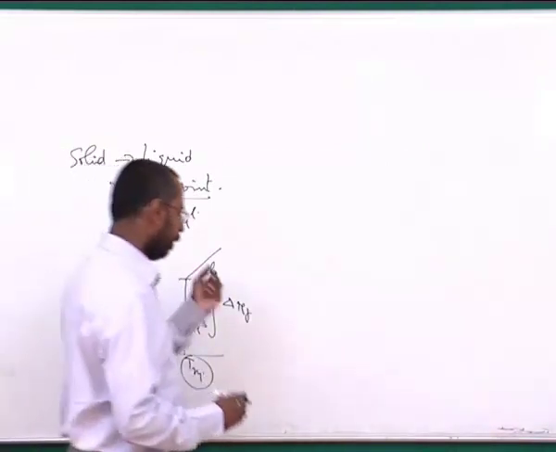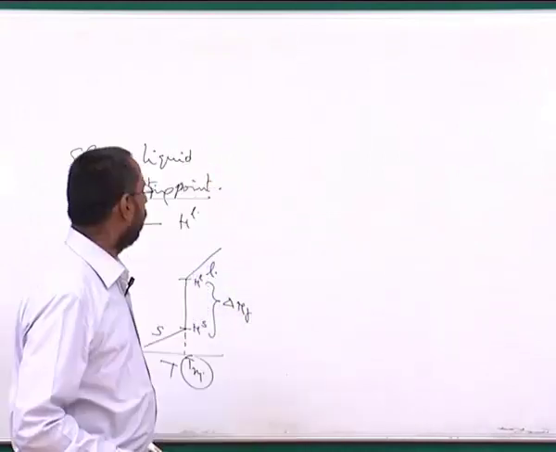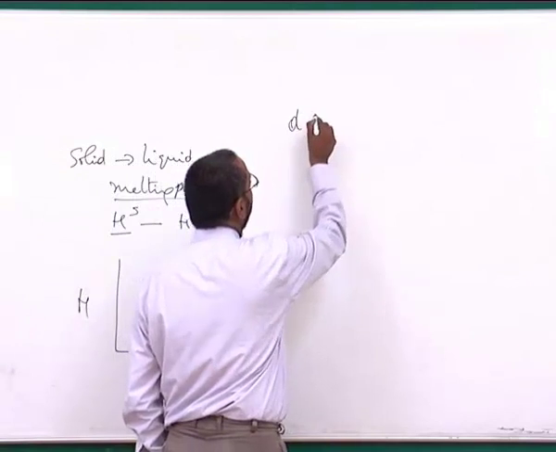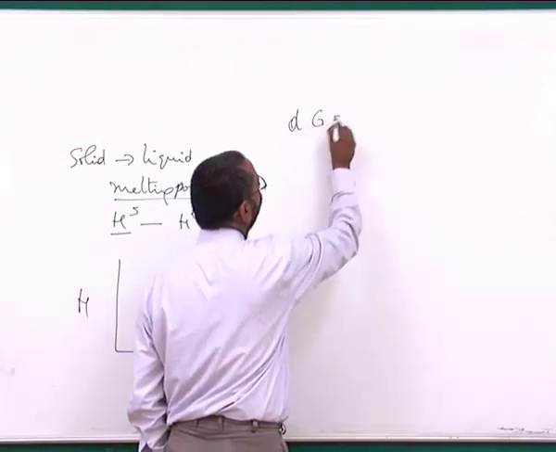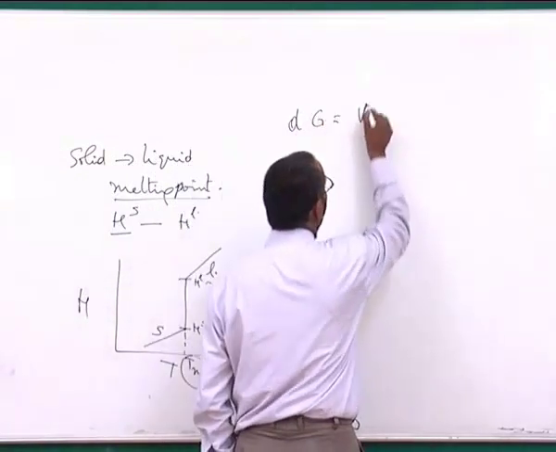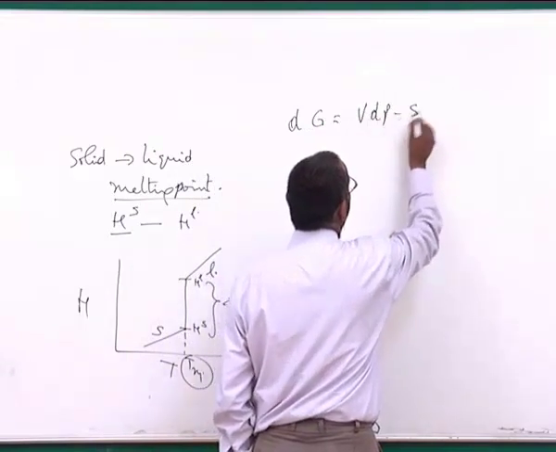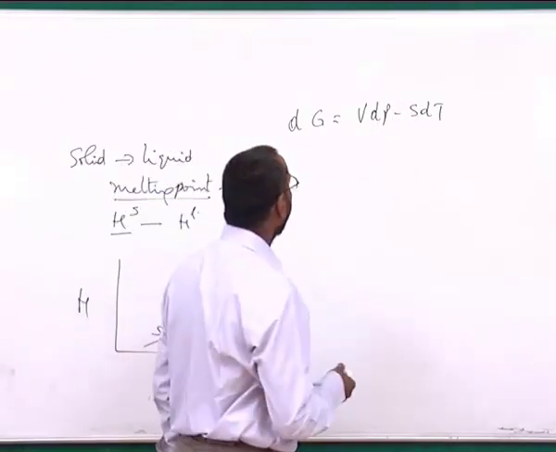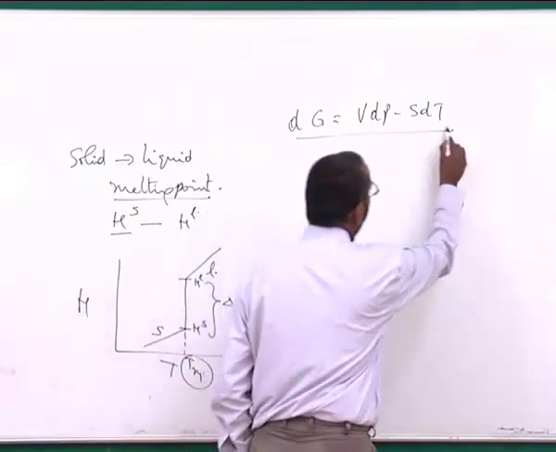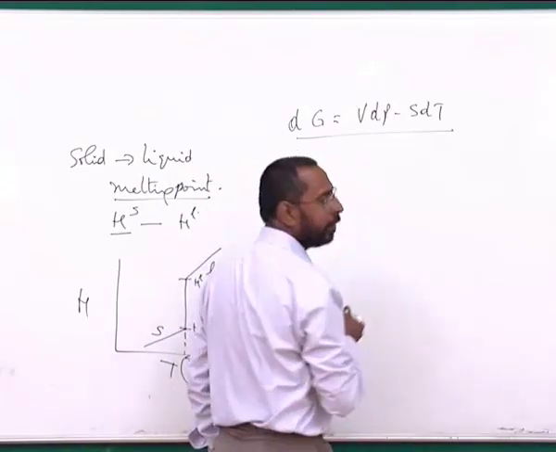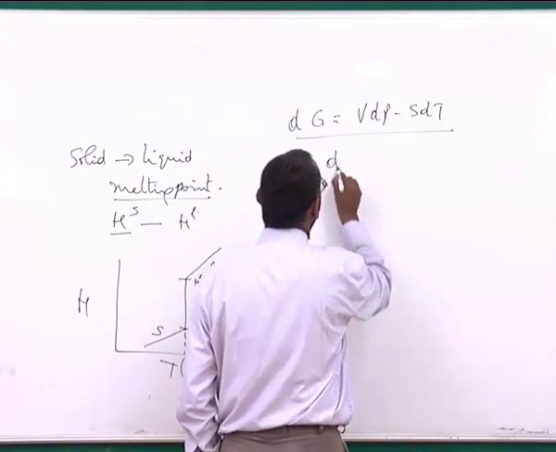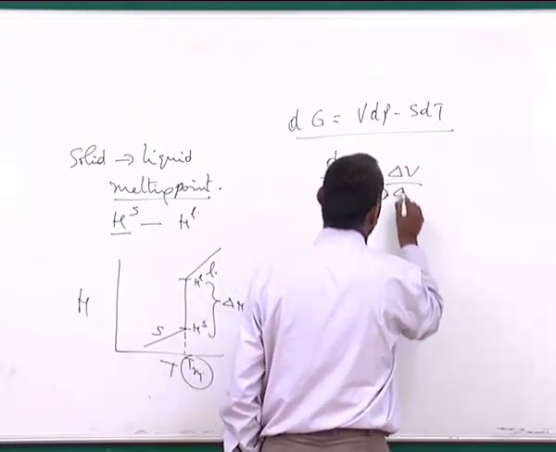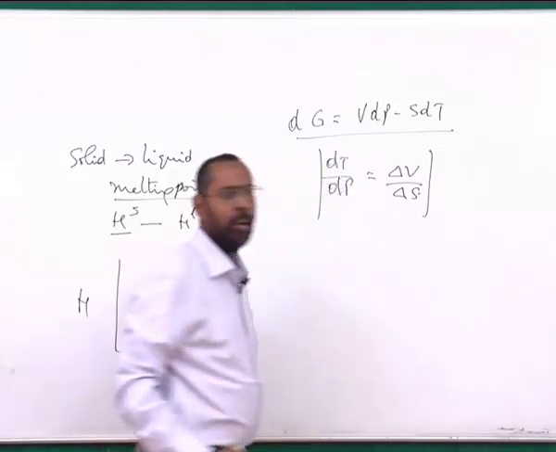Okay, if you look at the typical free energy associated with any phase transformation, if I generally write this expression dG equal to one of the Maxwell's expressions, VdP minus SdT, you can always write from this Maxwell's equation that at the transformation temperature dT by dP is equal to delta V by delta S. This is something that we all know.